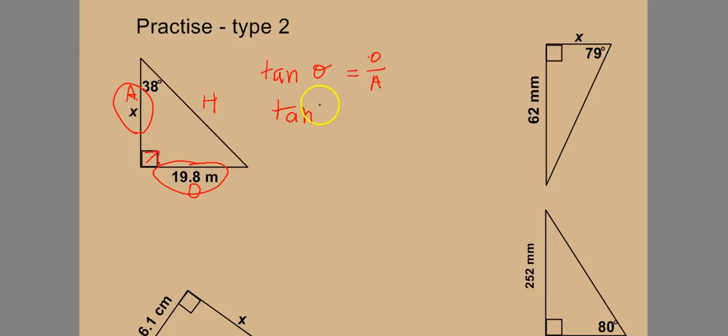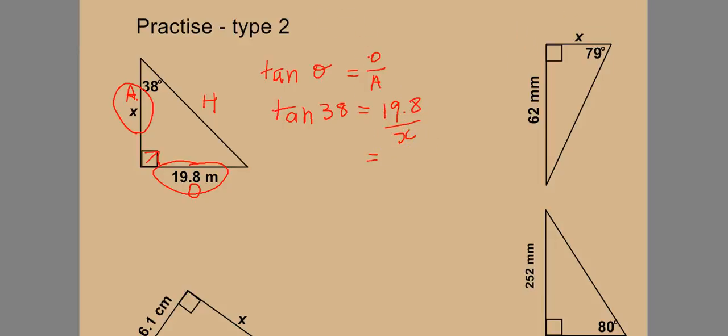Tan of 38 is equal to opposite 19.8 over x. Now, ding dong, x is on the bottom, isn't it?